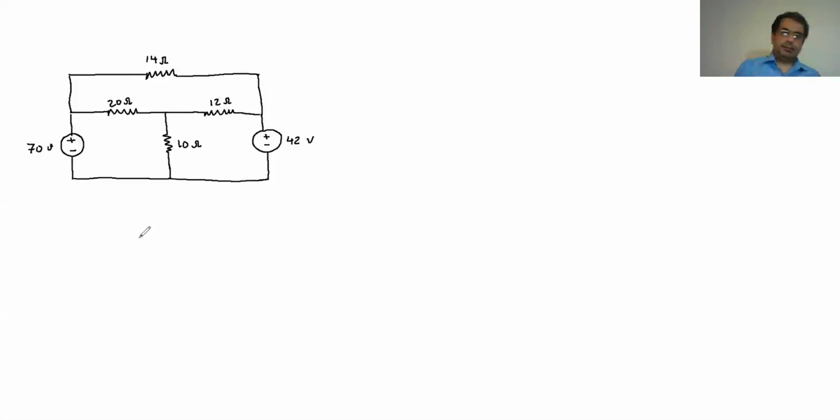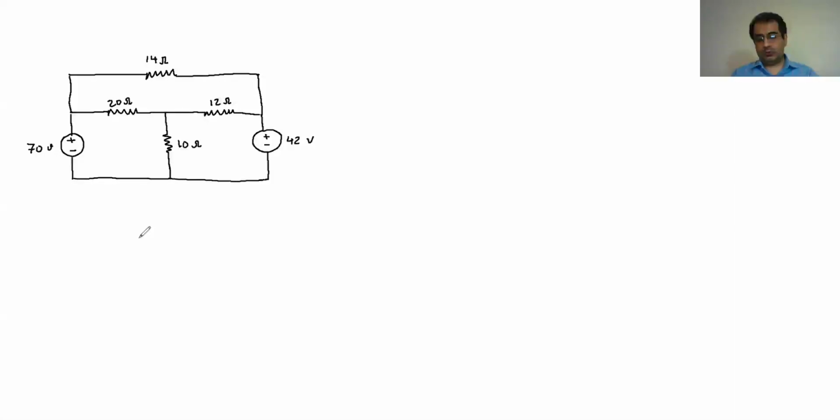Is this all? Yeah. 20, 12, 10, 14, 70, 42. So assume we have this, and we are asked to analyze this circuit.